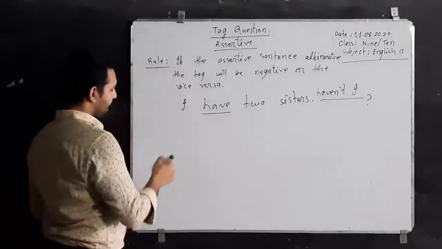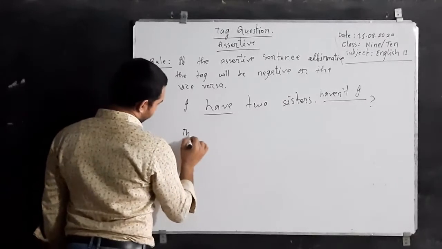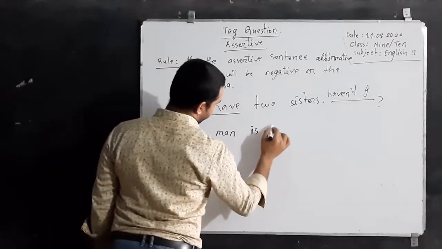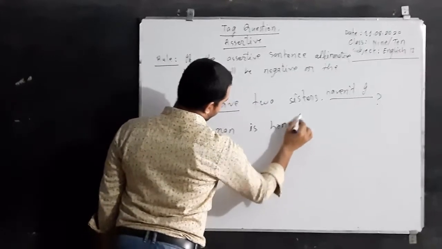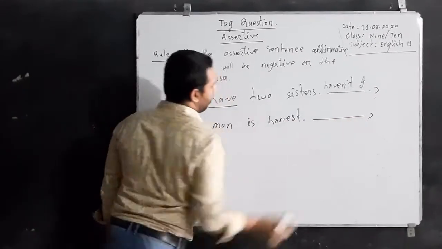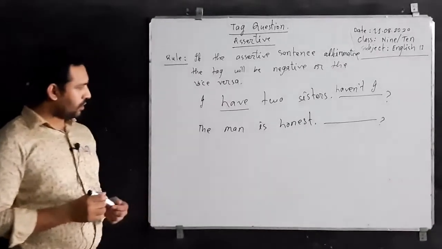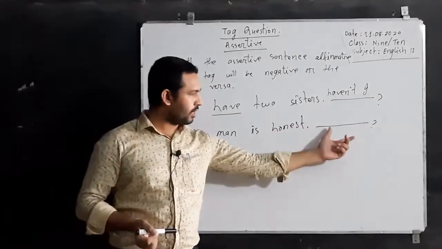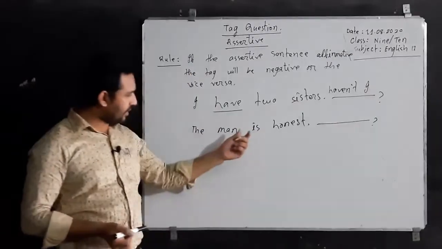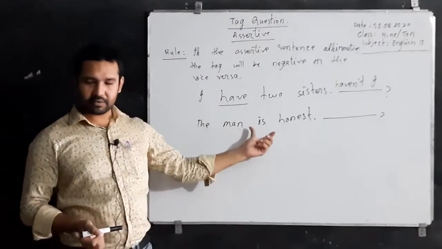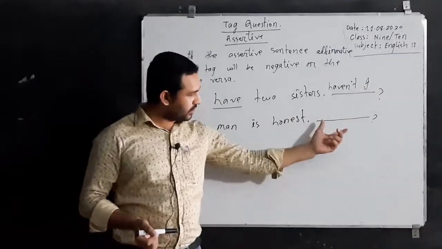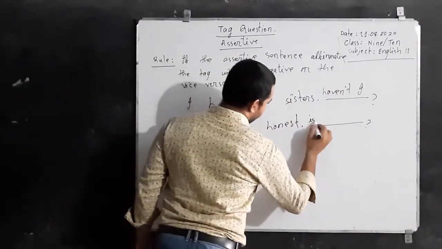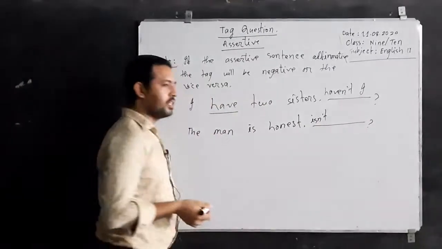Let's see another example. The man is honest. It is an affirmative sentence. The tag will be negative, and there is an auxiliary verb in this sentence. The negative form of is is isn't.